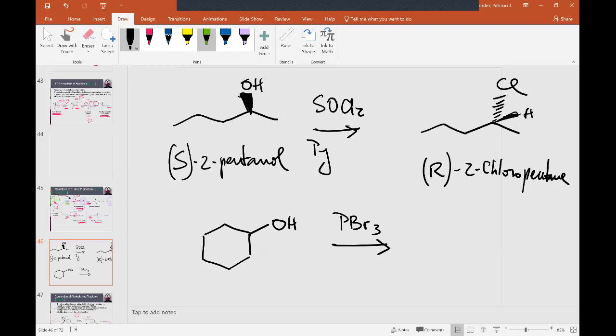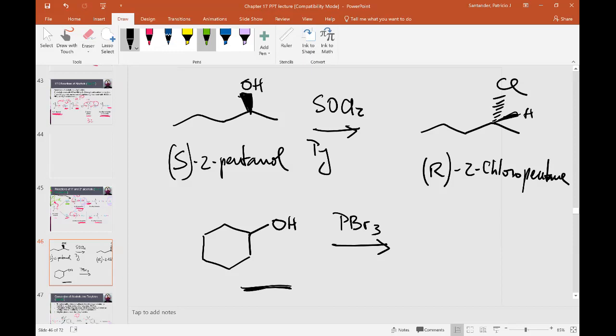And then the next example that I have here. So here we have cyclohexanol. Notice that I didn't put any wedge or dash line on the OH. Why? Well, because there is a plane of symmetry here, right? And because there is a plane of symmetry, actually, there isn't any chirality center.